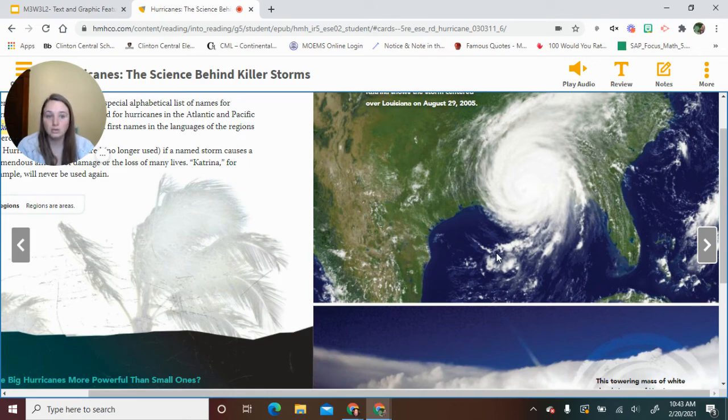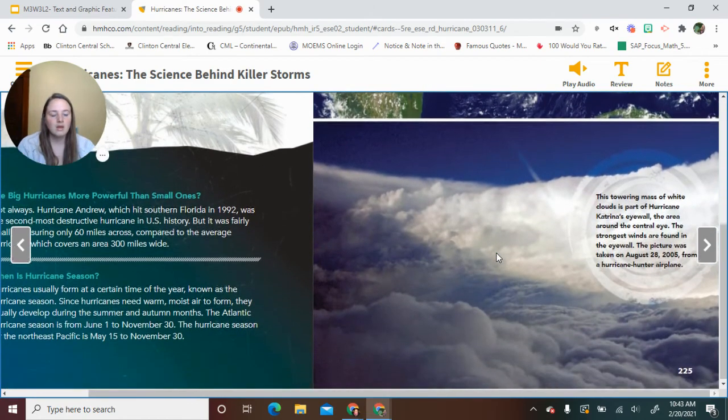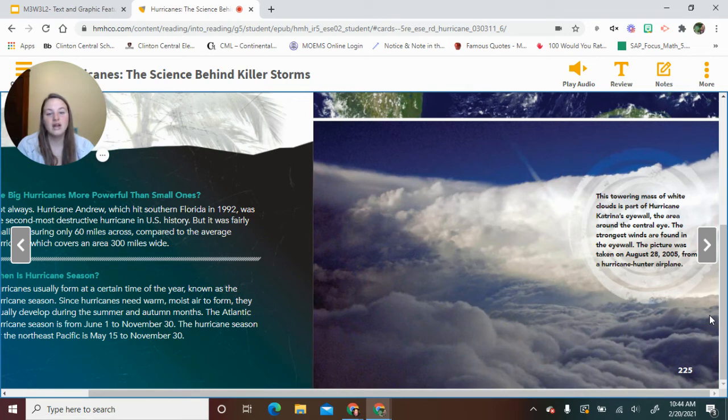It is a huge storm. This towering mass of white clouds is part of Hurricane Katrina's eye wall, the area around the central eye. The strongest winds are found in the eye wall. The picture was taken on August 28, 2005, from a Hurricane Hunter airplane.